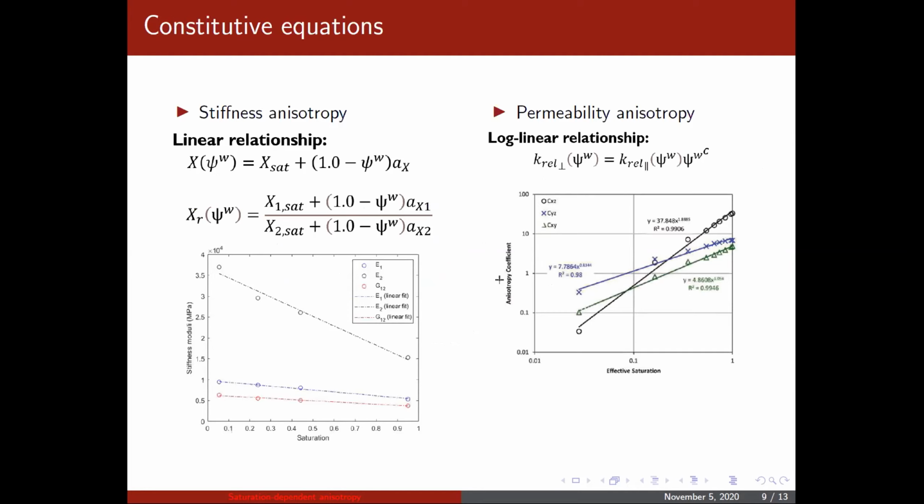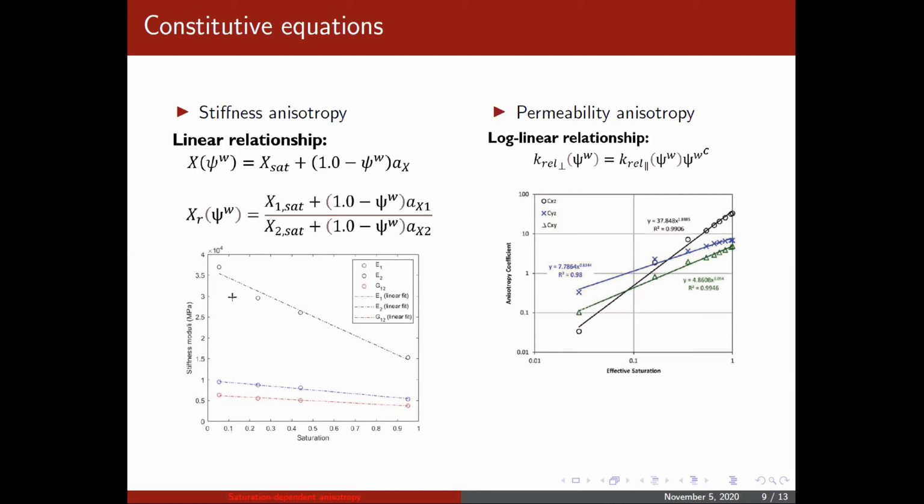Currently in my model, I've used a linear relationship to express the relationship between the stiffness moduli and saturation, which means that the evolution of the anisotropy ratio is a ratio of two linear functions.